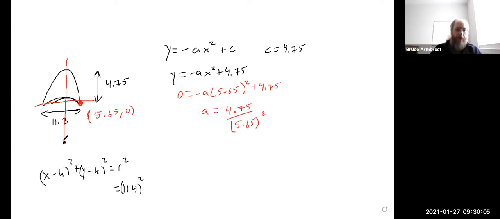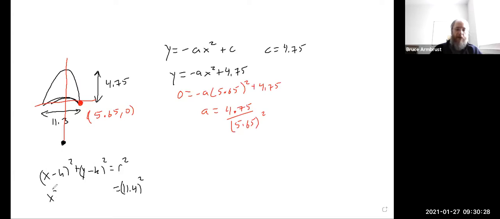I know the center of the circle is somewhere on the y-axis. So that means the x-coordinate of the center is 0.